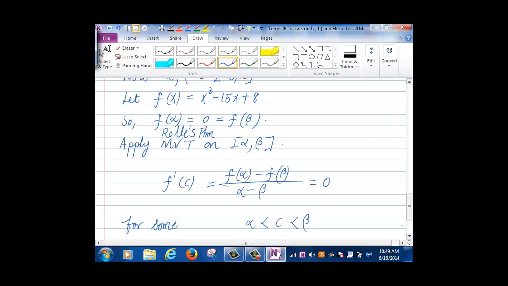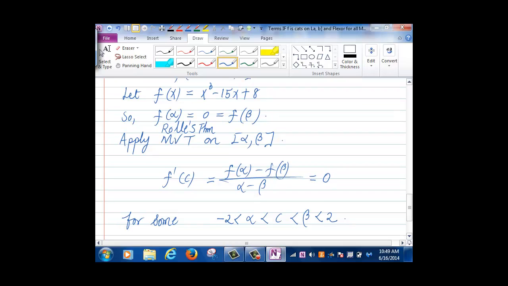I made an assumption right at the beginning that there are two roots of the equation, and that assumption led us to the conclusion that the derivative must be 0 between alpha and beta. Now remember, alpha is greater than -2 because we assume that alpha and beta are between -2 and 2.